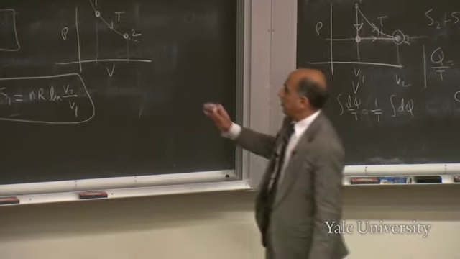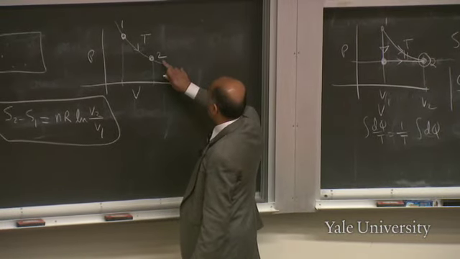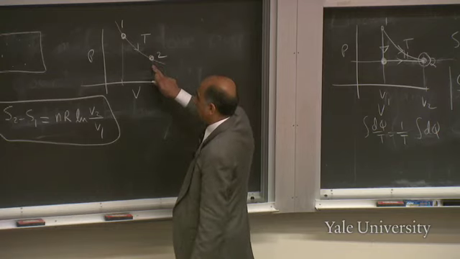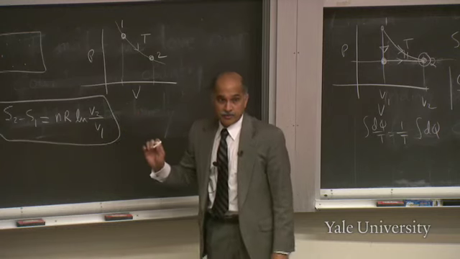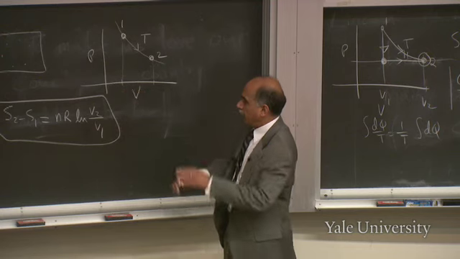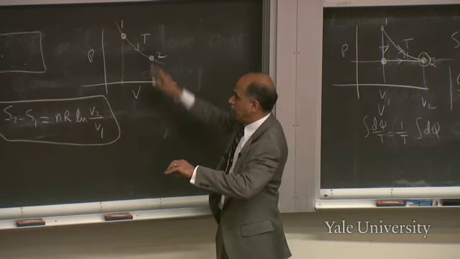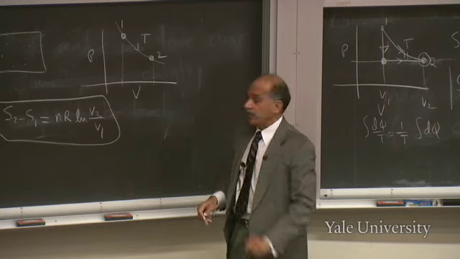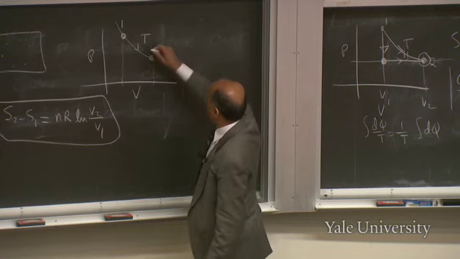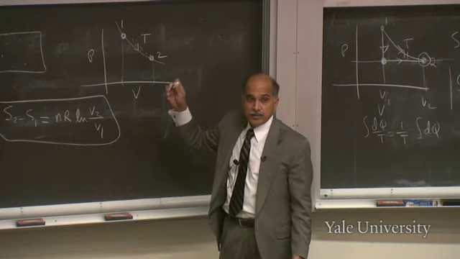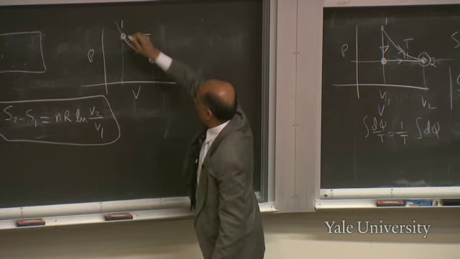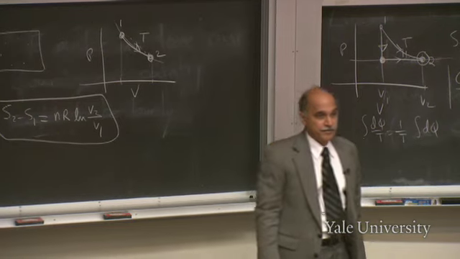But to find the change in entropy, since 1 and 2 have well-defined entropies, we can find the change between 1 and 2 by going to a different experiment in which it was brought from 1 to 2, not in this crazy irreversible way, but by putting it in contact with the heat bath at that temperature T, removing grain after grain, never straying far from equilibrium. That's when we find this change. So you replace the dotted line where you cannot compute anything by a solid line where you can, but since the change in entropy between 1 and 2 doesn't depend on how you got there, that's the answer.